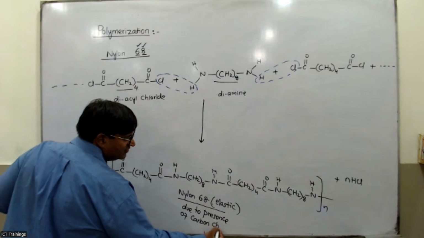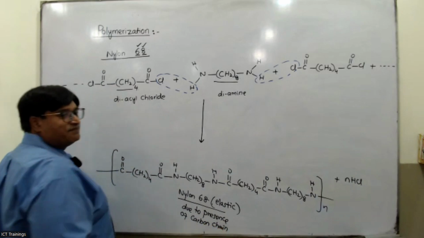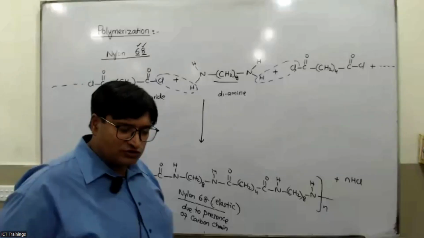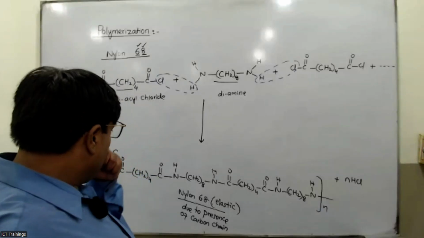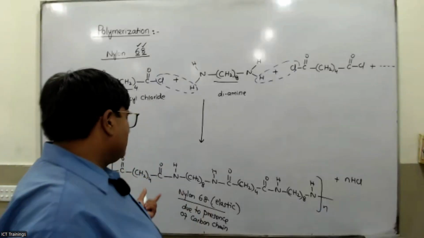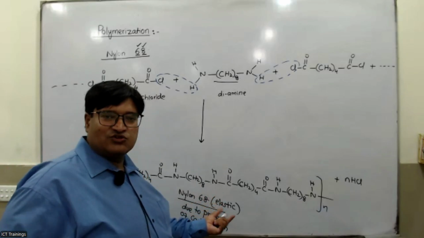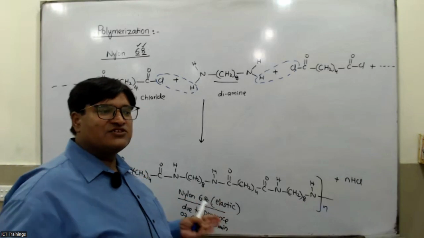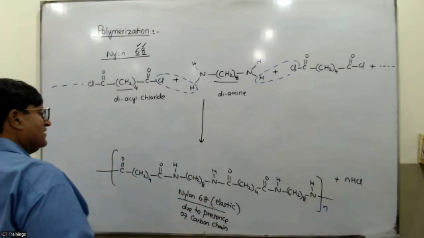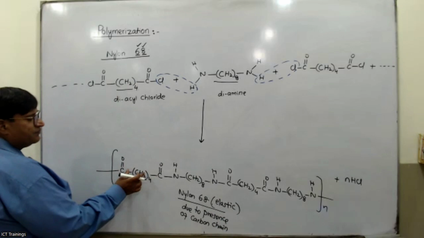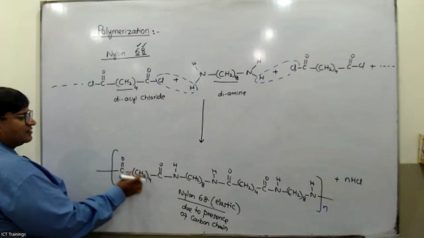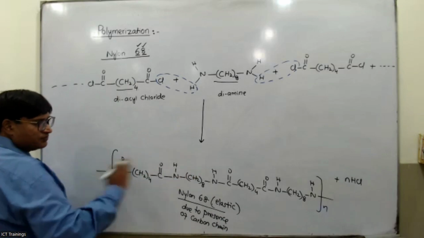Okay, in the paper, most of the time they want to ask you how to make the nylon rigid, not elastic. So what should you use? There is only one method, my dear, and that method is to replace this carbon chain with the benzene group.